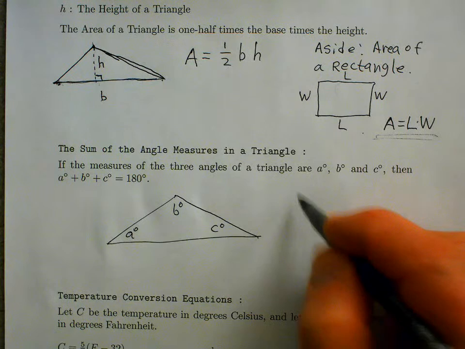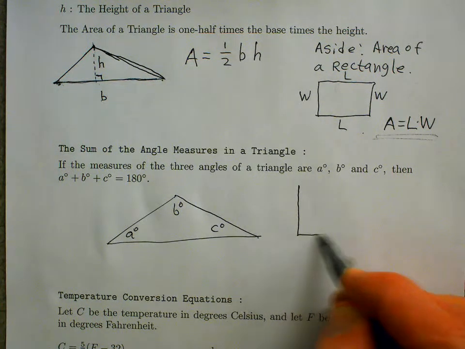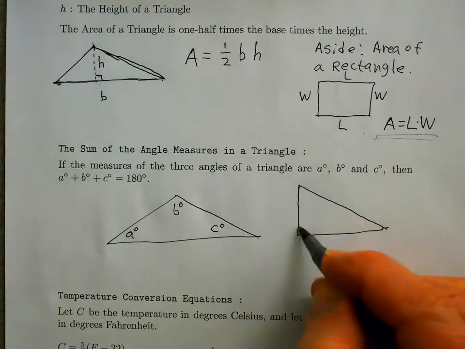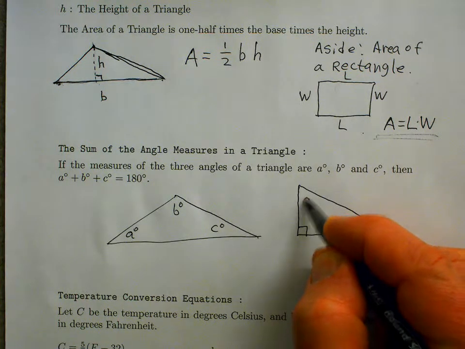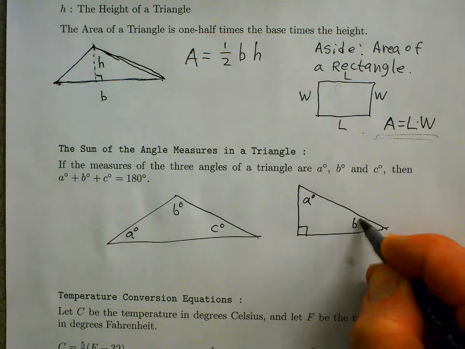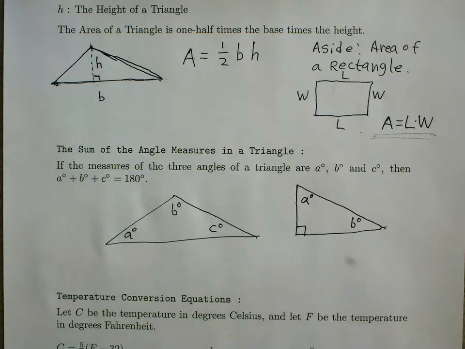So let's do a little exercise on the side. Suppose we have a right angle, so a 90-degree angle, and let's refer to this angle as A degrees and this angle as B degrees. What must be true about the sum of A degrees and B degrees? 90 degrees.